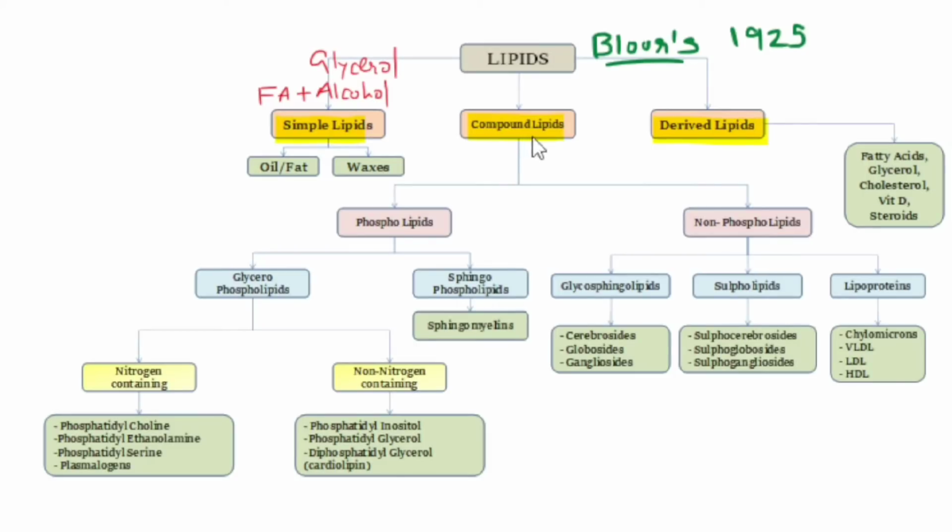Compound lipids are made up of fatty acid, alcohol and an additional group other than fatty acid and alcohol. And derived lipids are products obtained from simple lipids, compound lipids or precursors of these lipids. For example, fatty acids, glycerol, cholesterol, vitamin D, steroids, etc.